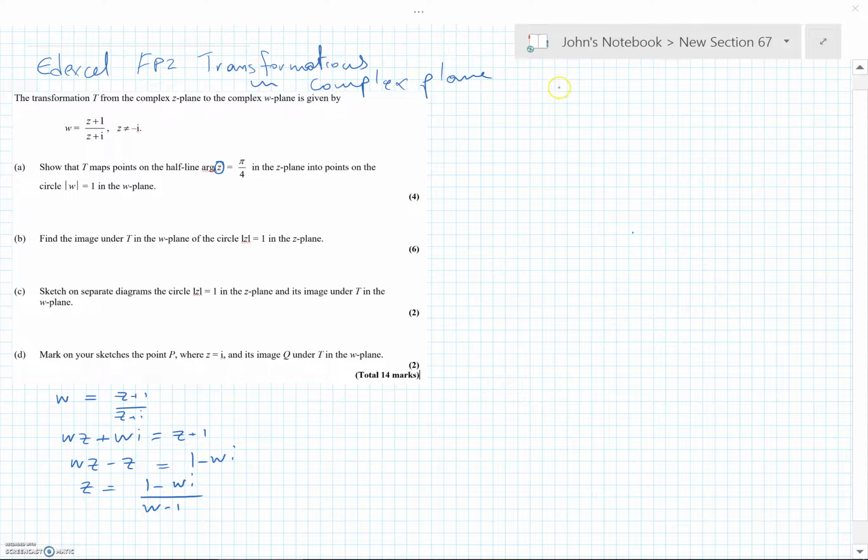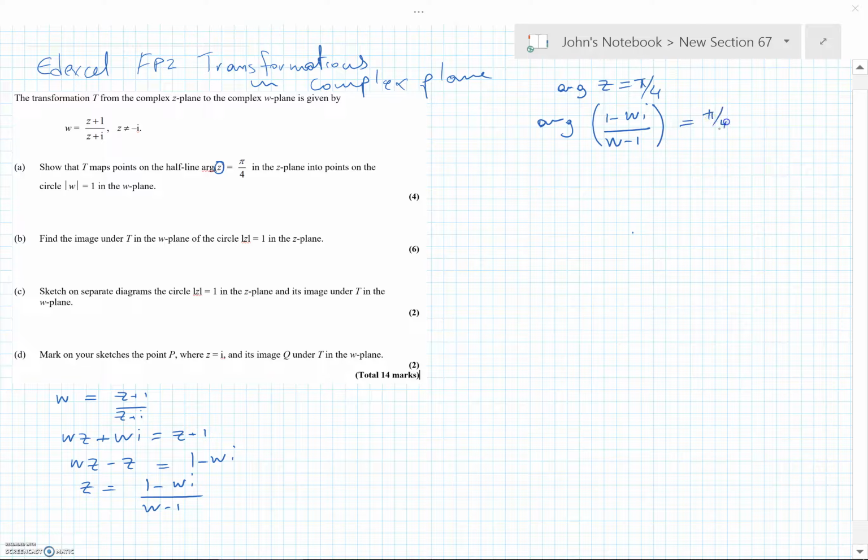So we're told, let's write it up here, the argument of z is equal to pi by 4. So we've now got z in terms of w, so we can write the argument of (1 minus wi) over (w minus 1) equals pi by 4.